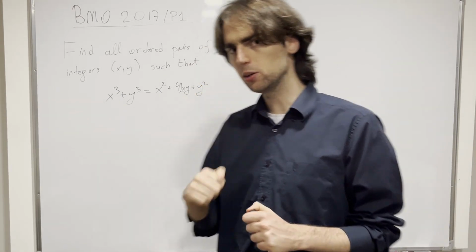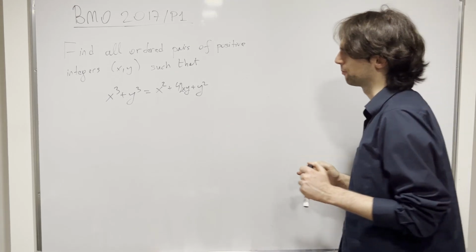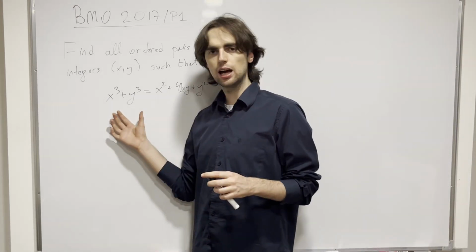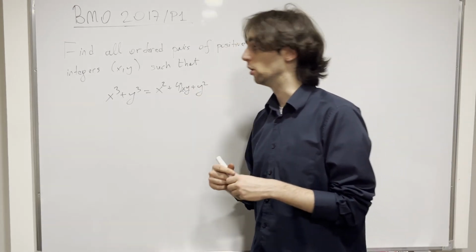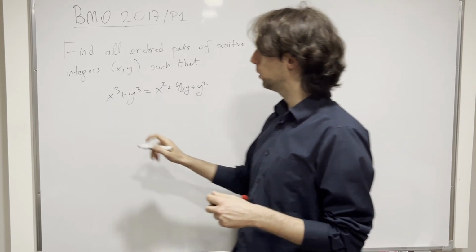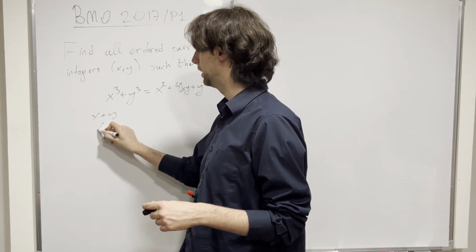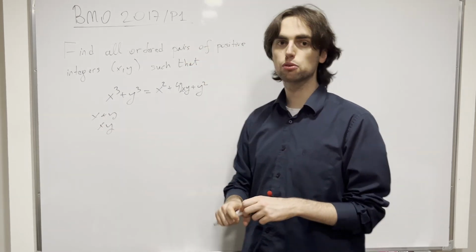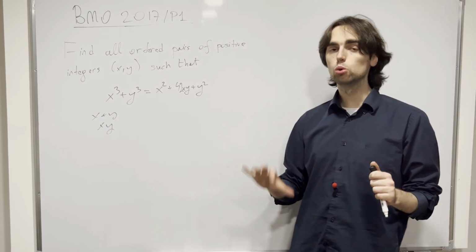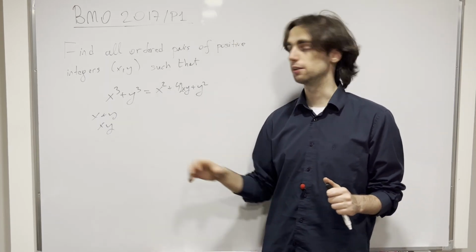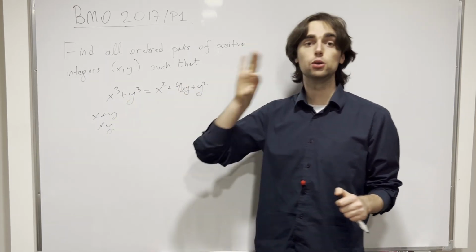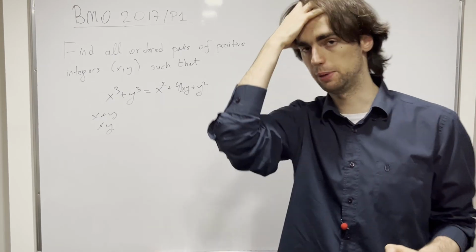The second thing I notice here is a useful fact to know: if you know what x plus y is and xy, then you can pretty much write out most combinations of x and y. If this is alpha, this is beta, you can write everything in terms of alpha and beta.